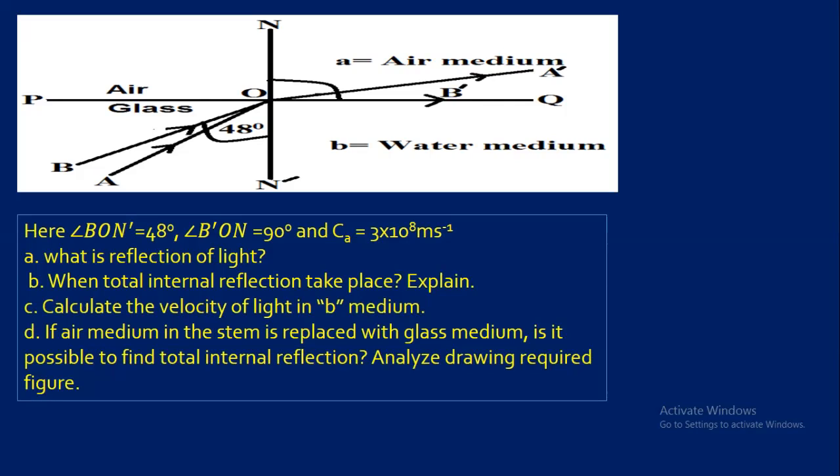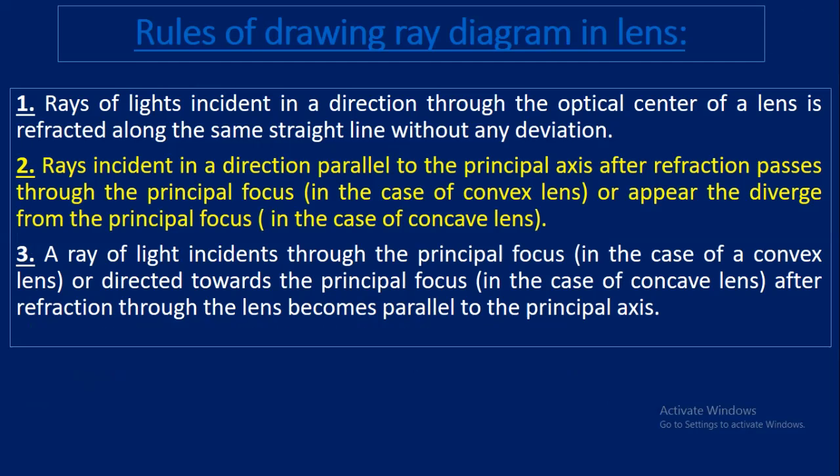I think all of you have such knowledge of drawing the diagram for when the light ray comes from rarer medium to denser medium or denser medium to rarer medium. Here these are all the conditions and rules for drawing a ray diagram.